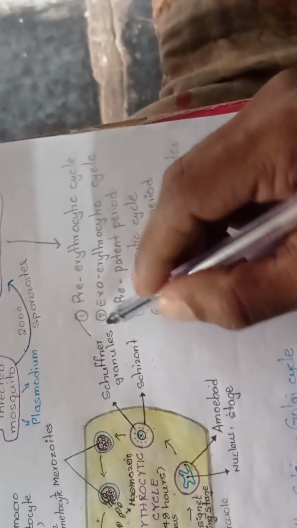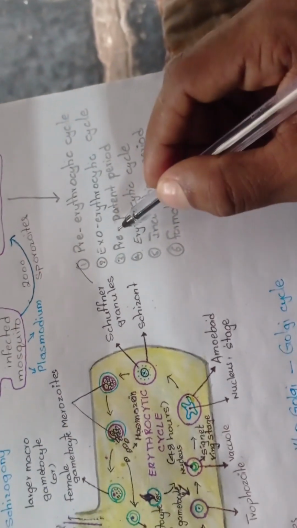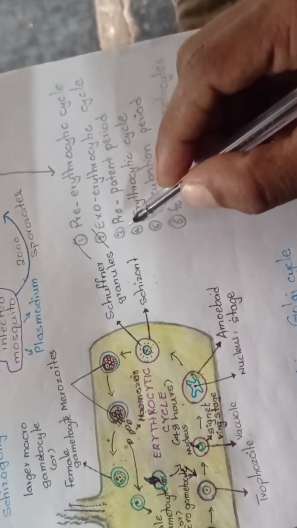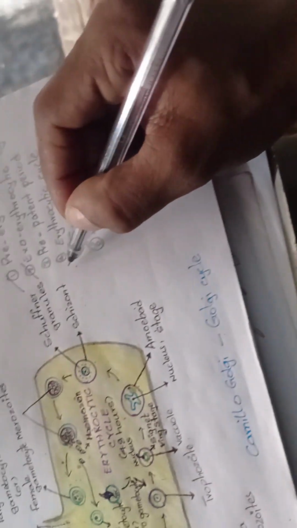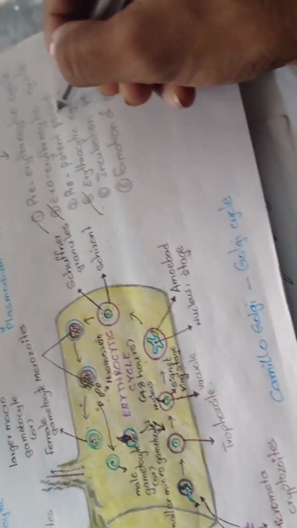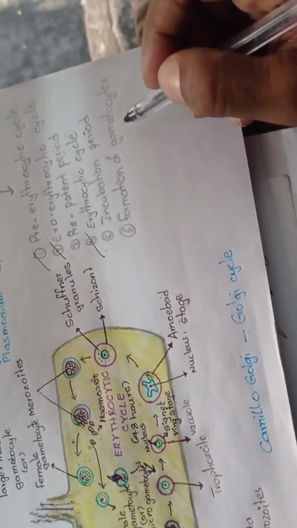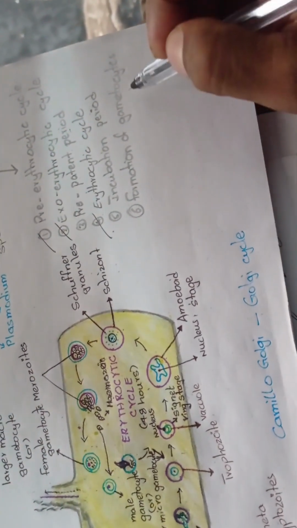The exo-erythrocytic cycle I also explained. The erythrocytic cycle I explained. What is the pre-patent period? What is the incubation period? And formation of gametocytes.